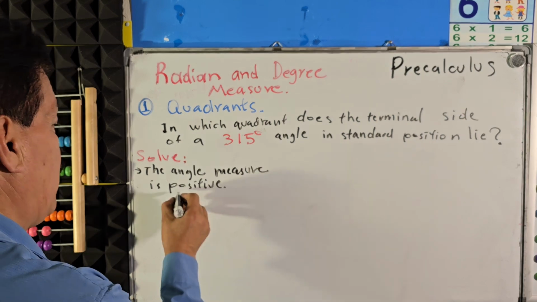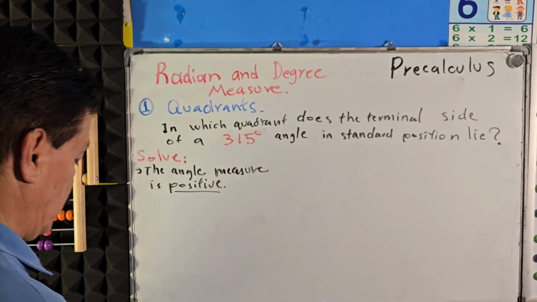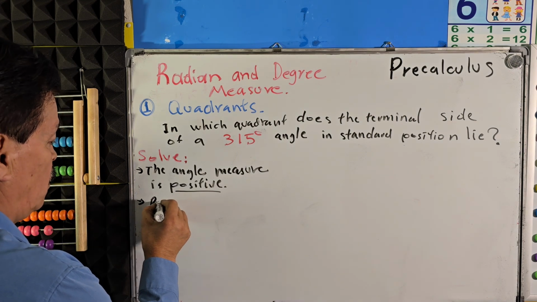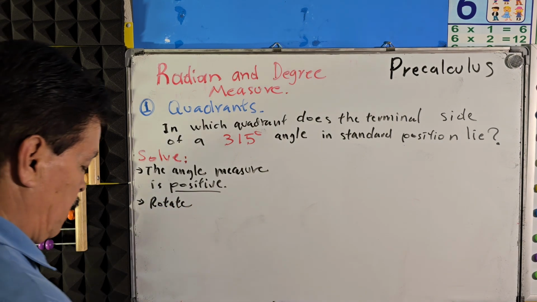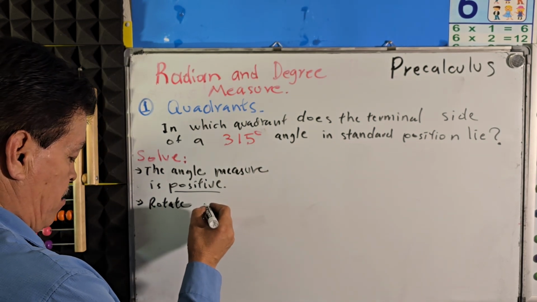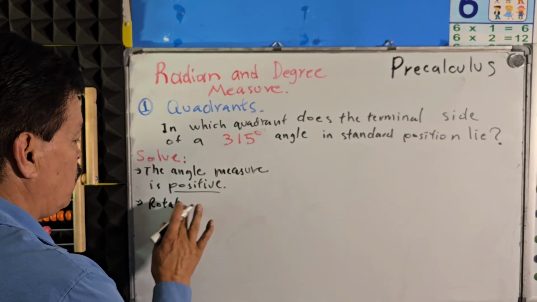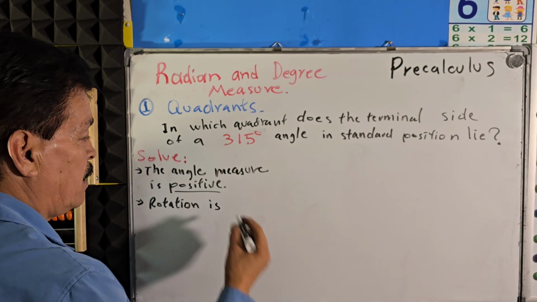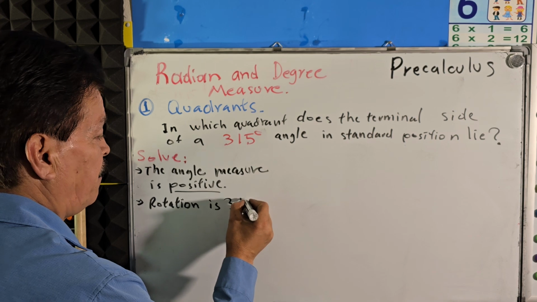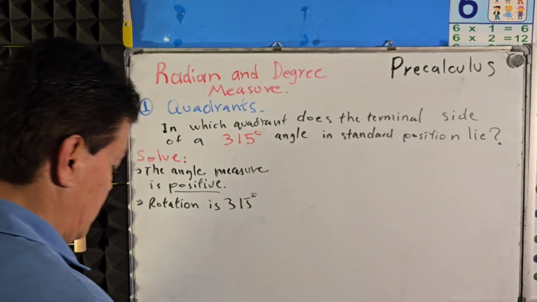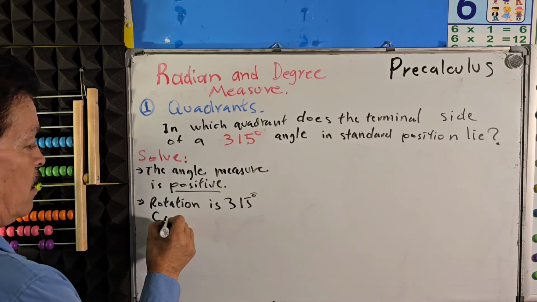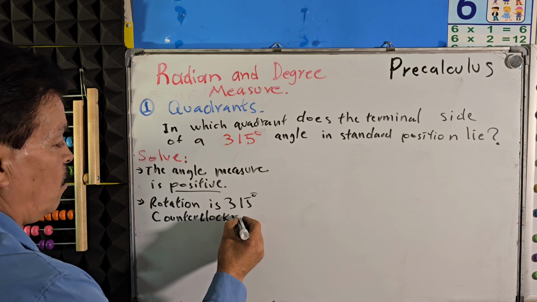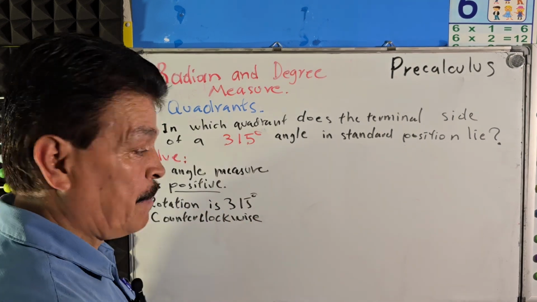So now you know where the positive is. So the rotation, let's write it, is 350 degrees counterclockwise. So you remember the concept?